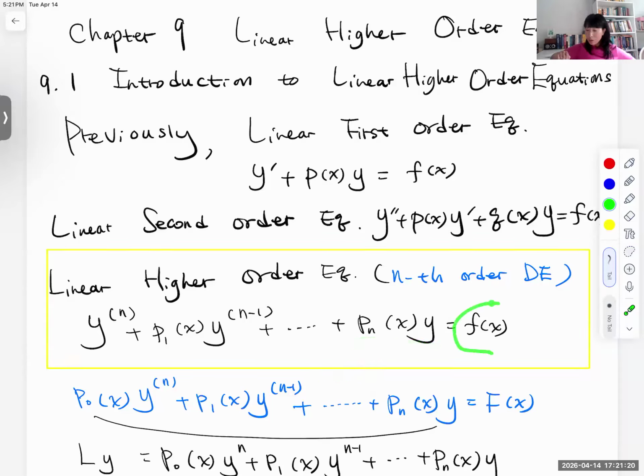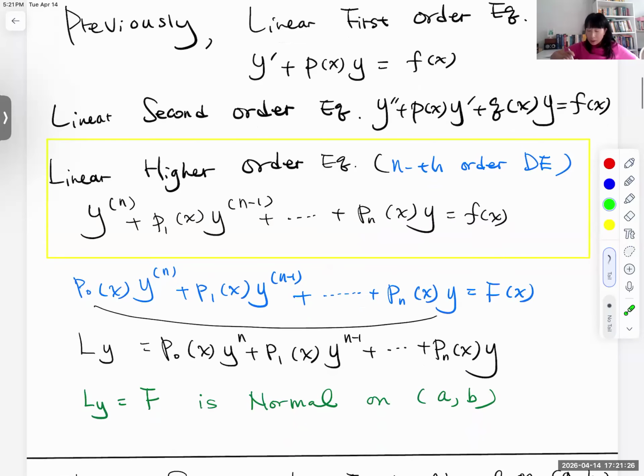The right side is the same as f of x. So we have a polynomial-like left side, equal to f of x.